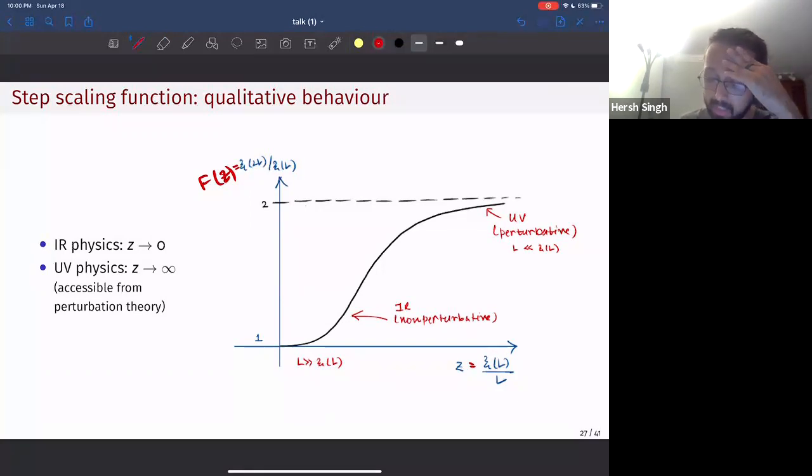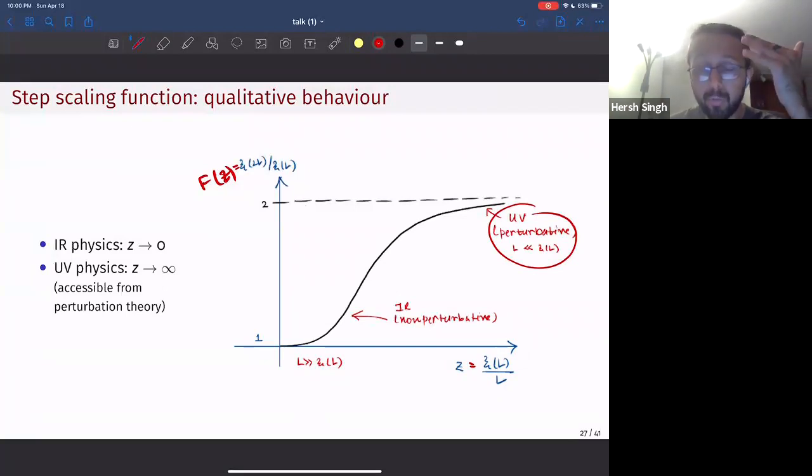If the correlation length is very, very large, or in other words, if the box is really, really small, then you're probing the UV physics. And we know that in an asymptotically free theory, in the UV, it's scale invariant.